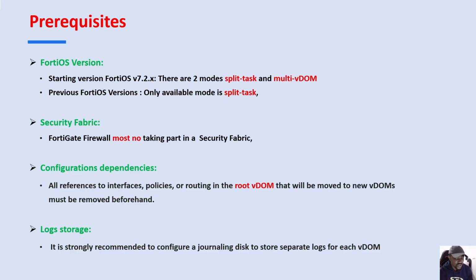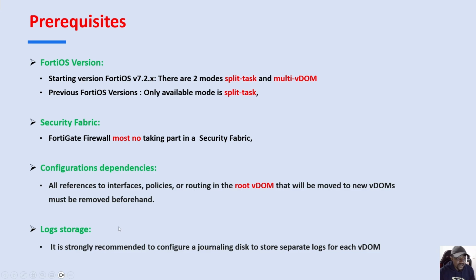Any configuration or settings done on those interfaces need to be removed before you transfer or assign the interfaces to another vDOM. So you need to make sure you remove all configuration references to interfaces, policies, and routing on the root vDOM before you can assign those interfaces to another vDOM.